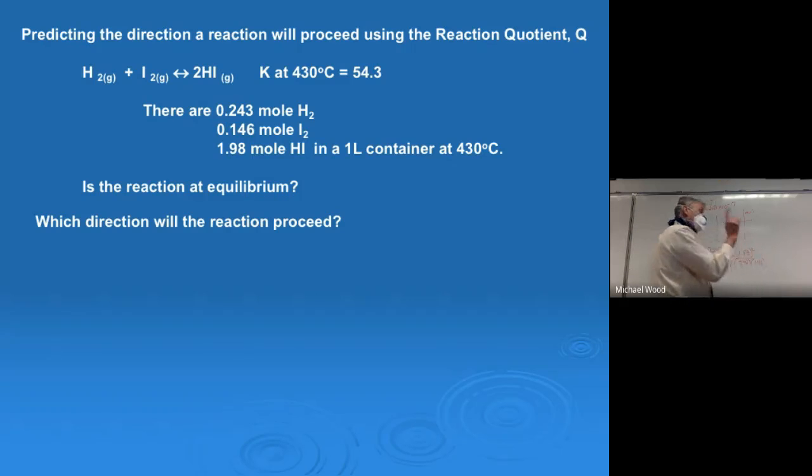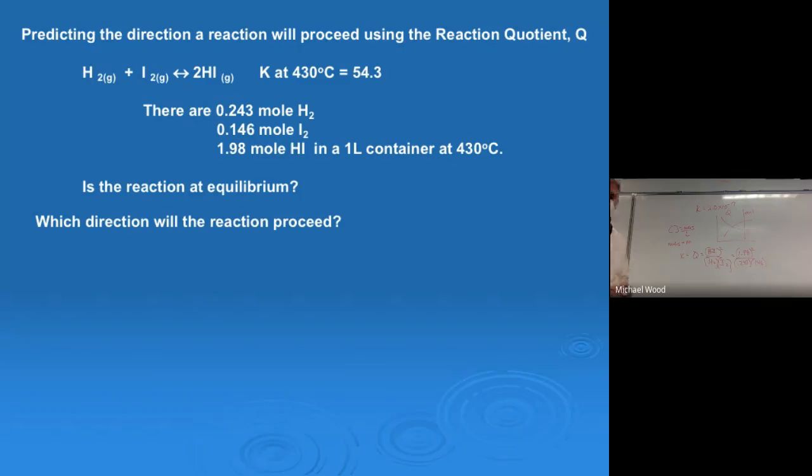Now if this had not been 1 liter, say it had been 2 liters, I would have had to do 1.98 divided by 2, 0.243, every one of them divided by 2 to get the units right. Now, I'll try and point that out when we see it. It doesn't come up a lot, but in AP chemistry, we're in the fire swamp. And so once in a while, those big rat creatures come up, and that could happen here.